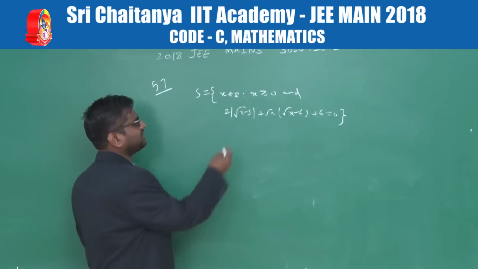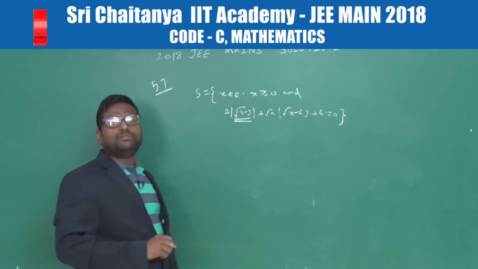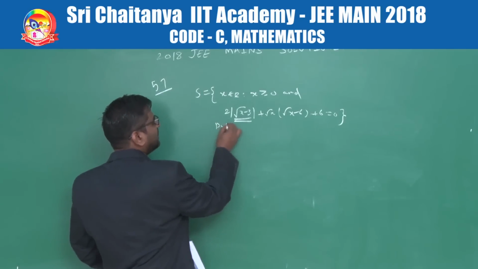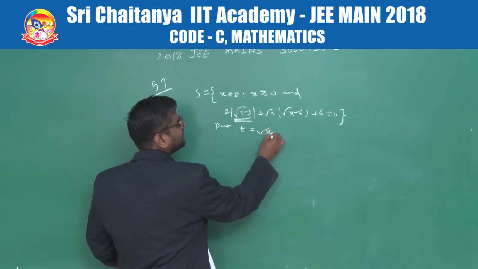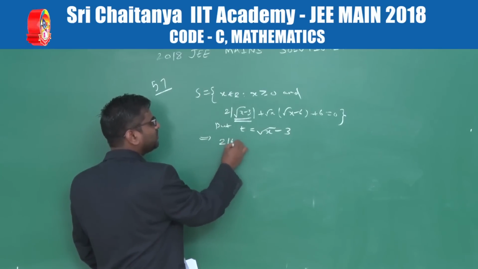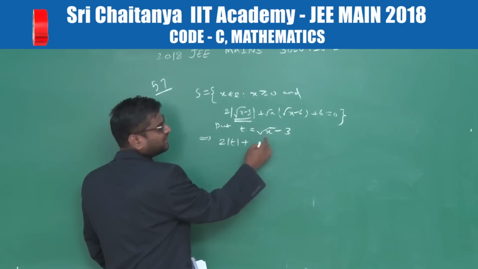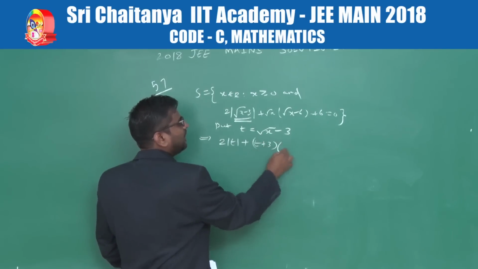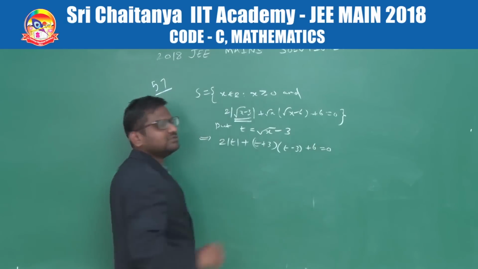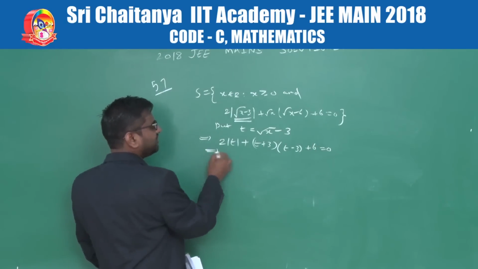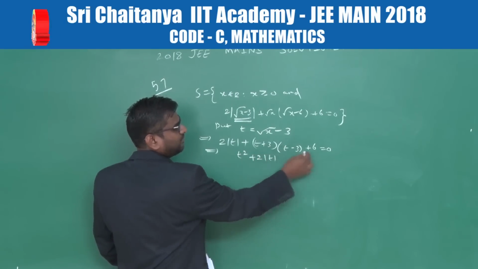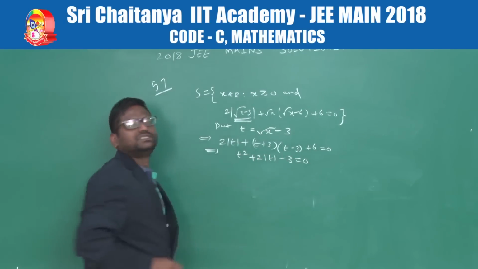The simplest way is to put root x - 3 equal to t. Then the equation becomes 2 mod t, root x becomes t + 3, root x - 6 becomes t - 3, plus 6 equal to 0. Simplifying, we get t square + 2 mod t - 3 = 0.